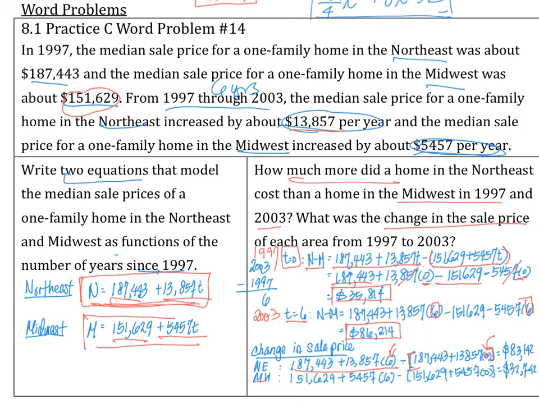Take the second equation, 151,629 plus 5,457 times a period of 6 years. And after I find this amount, I need to subtract the same equation again, with the exception that this time you need to multiply by a period of 0 years, because we're looking for the change in sale price.